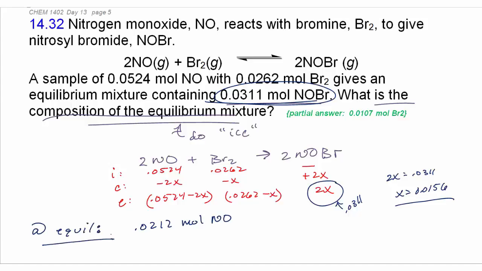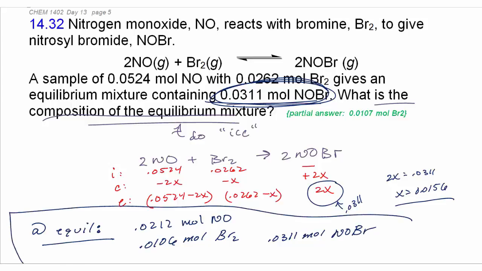And 0.0262 minus 0.0156, about 0.0106 moles of bromine. And then the NOBr we said was 0.0311. So there's my equilibrium answers.